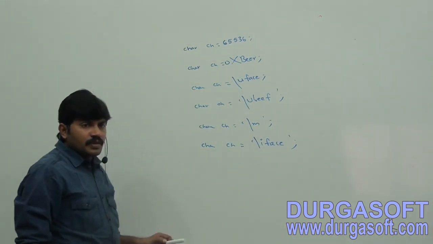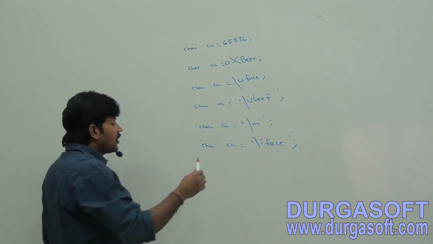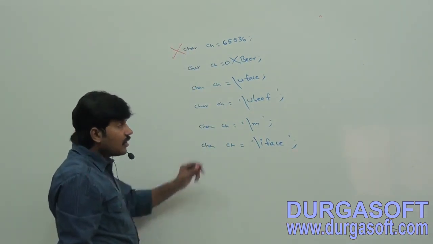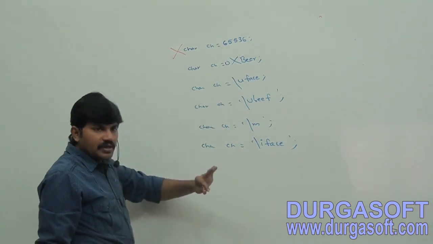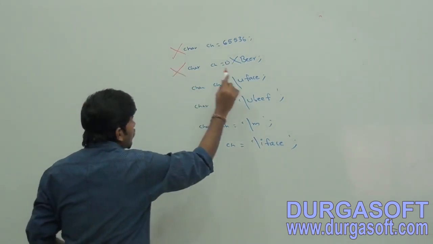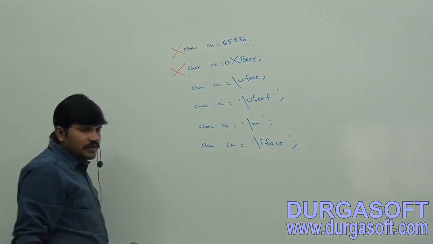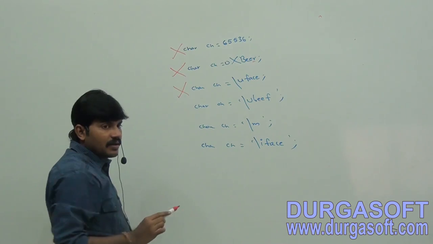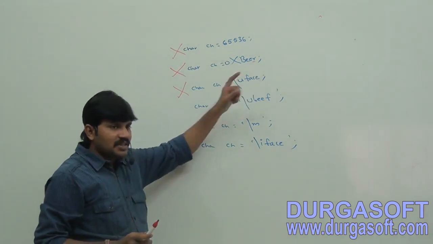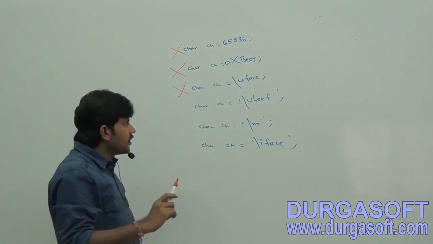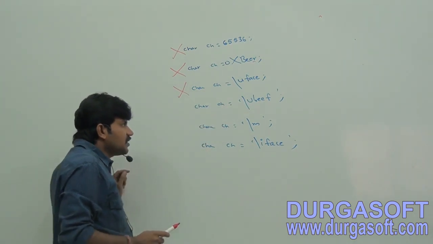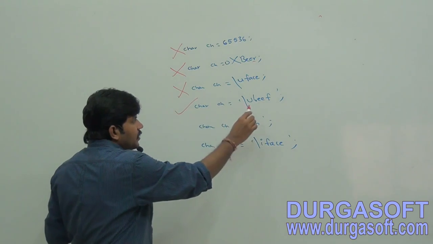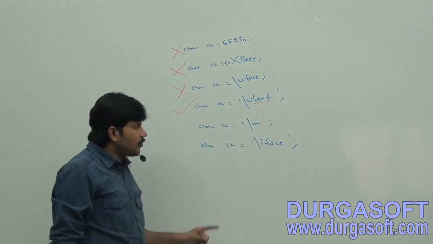First one, invalid, because 65536 is out of range. Second one, invalid: 0xbeef is valid, but 0xbeer is invalid because of the r symbol. Third one, invalid, because single quotes are missing. Next one, char ch = '\ubeef', valid.